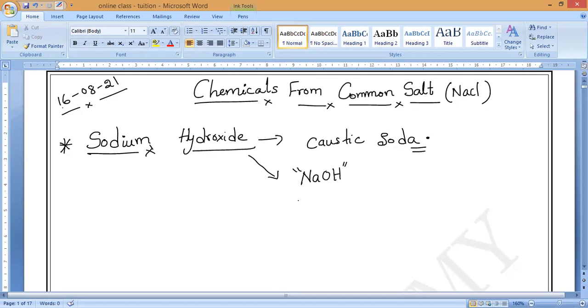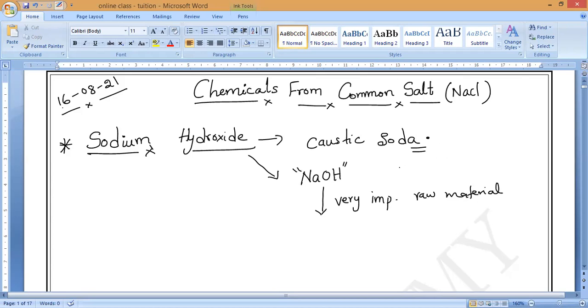Now you will see this NaOH is a very important raw material for manufacturing other chemicals. Do you understand all of you? It is used as a starting material in many other processes.